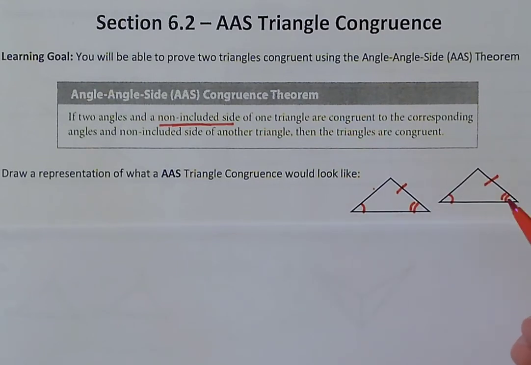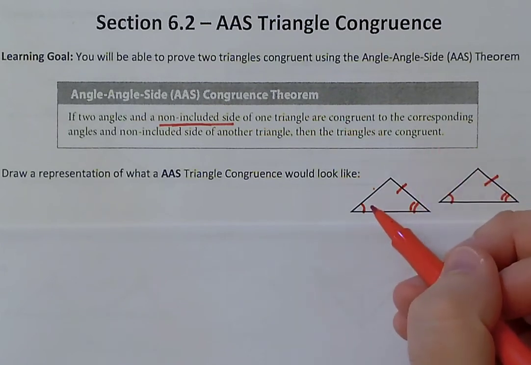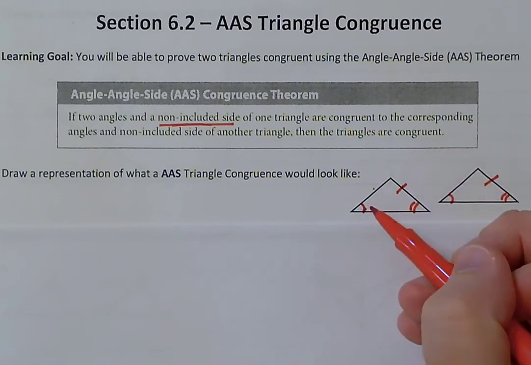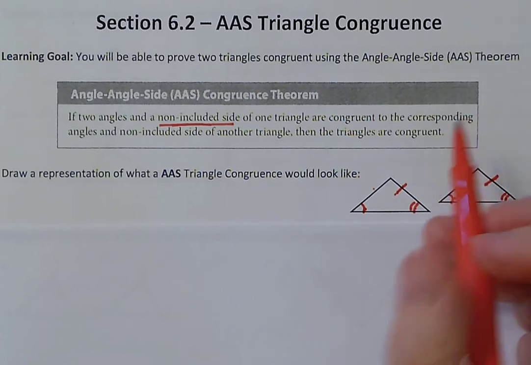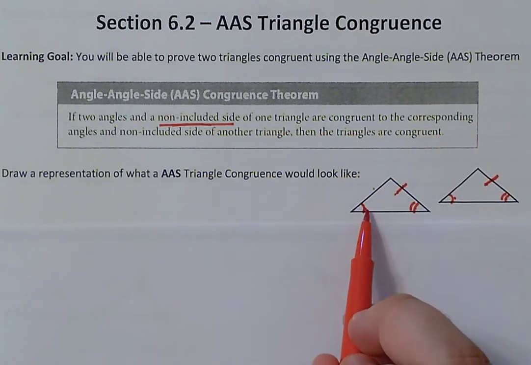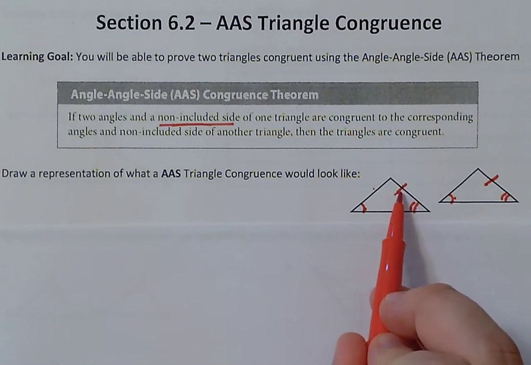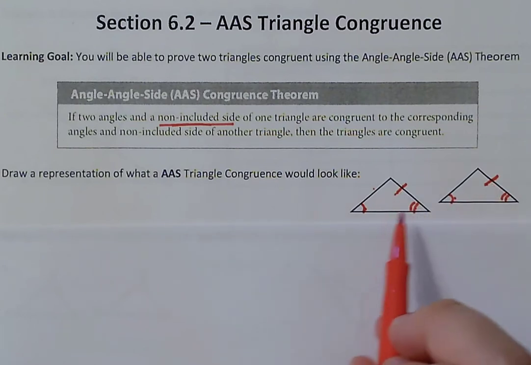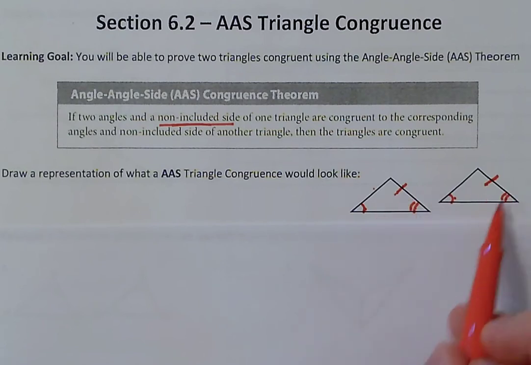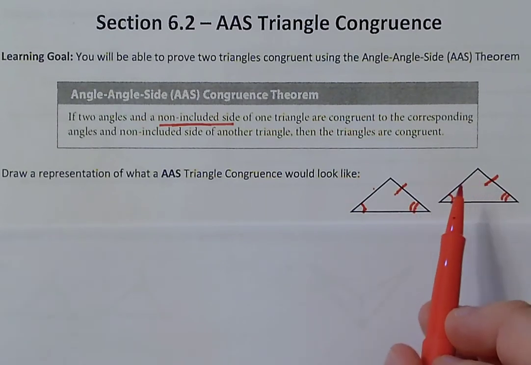Now, one quick note, if this one is congruent to this one and then this one to this one, it has to be this side to this side. It cannot be over here. The order has to match, where it's angle 1 to angle 2 to the side, angle 1 to angle 2 to the side. You cannot do reverse or a different set of sides.